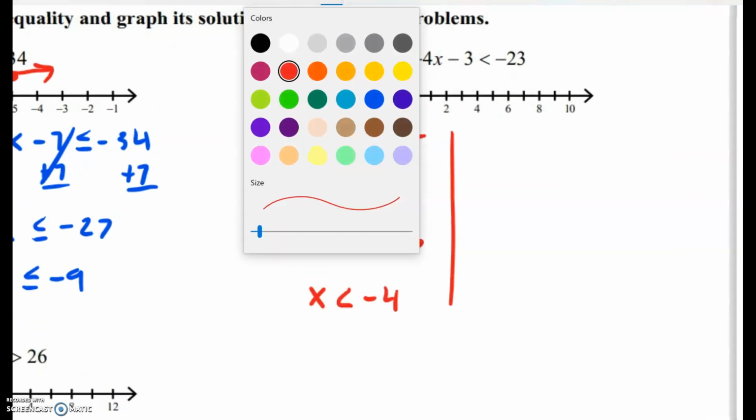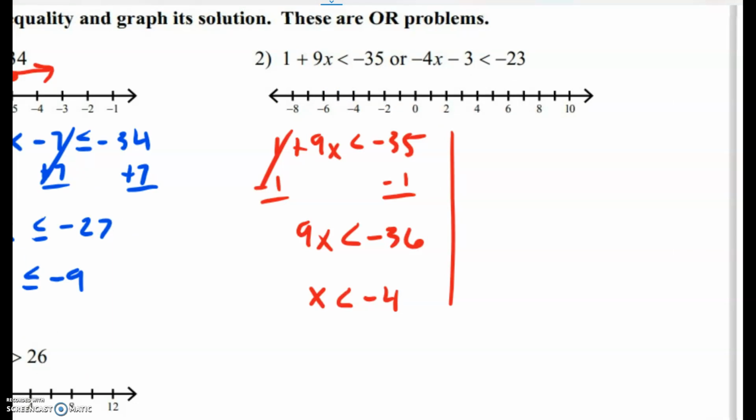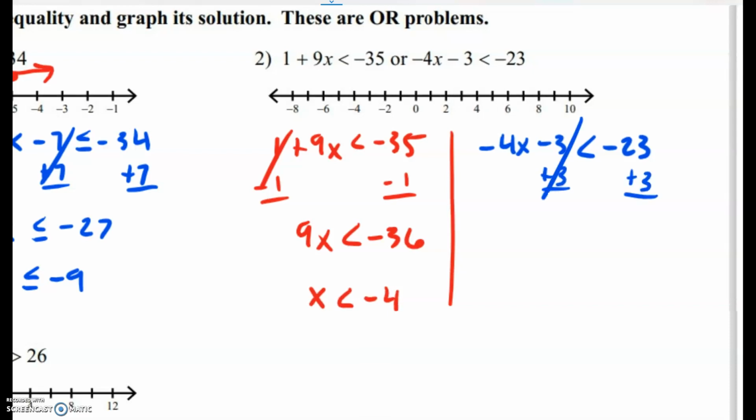Let's take a look at the next solution. Negative 4x minus 3 is less than negative 23. That's the problem. Start solving it. I'm going to add 3 to both sides. I get negative 4x is less than negative 20.